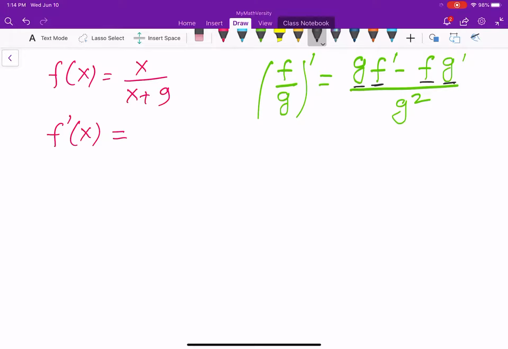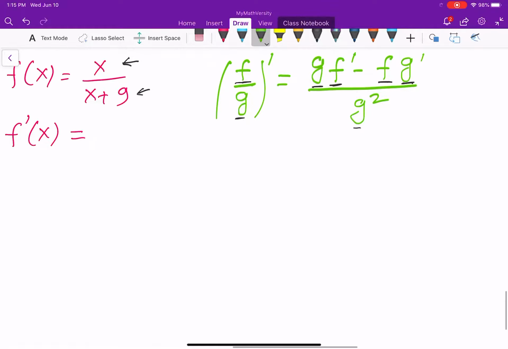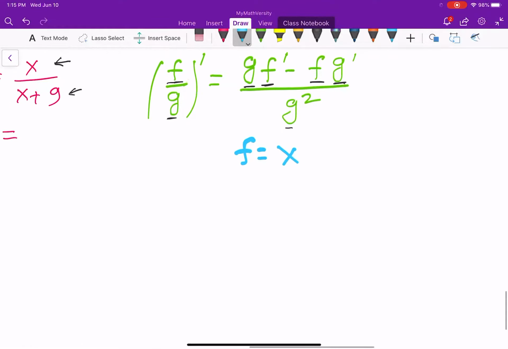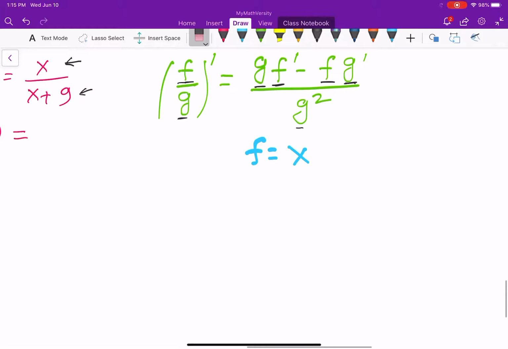So let's assume that f is the function on the top, like in the formula, and g is the function on the bottom, the denominator. So let's do that first. Let's assume f is equal to x, and g is equal to x plus 9.